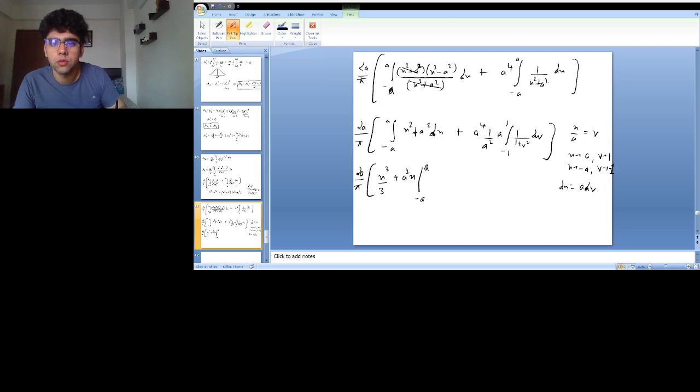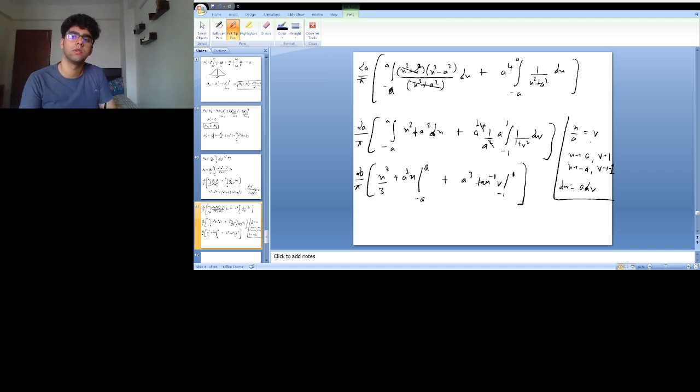So I'll be just cancelling this, left with a cube in the numerator, a cube tan inverse v from minus 1 to 1, and just putting another bracket here. I hope you guys are getting it. I just skipped some of the steps, just tried to explain all of this. This is the second integral that I solved, just substituted it like I did in the previous steps.